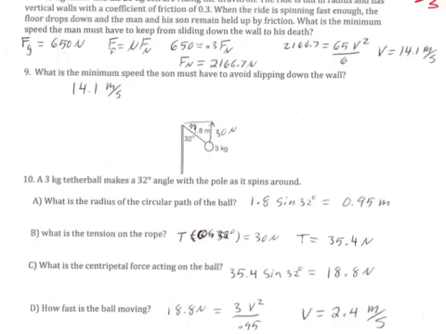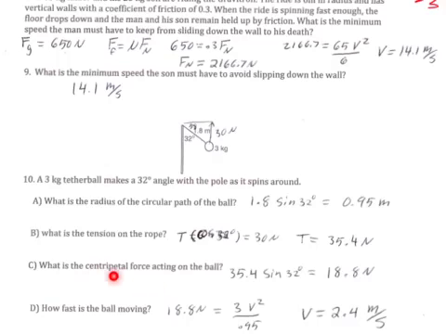This value here is the same as this one here, so this is going to be the cosine of this angle. So the tension, which I'm looking for, times the cosine of 32, the same thing as the sine of 58 I used the first time, is going to equal 30 newtons. That gives me a tension force acting on the string of 35.4 newtons.